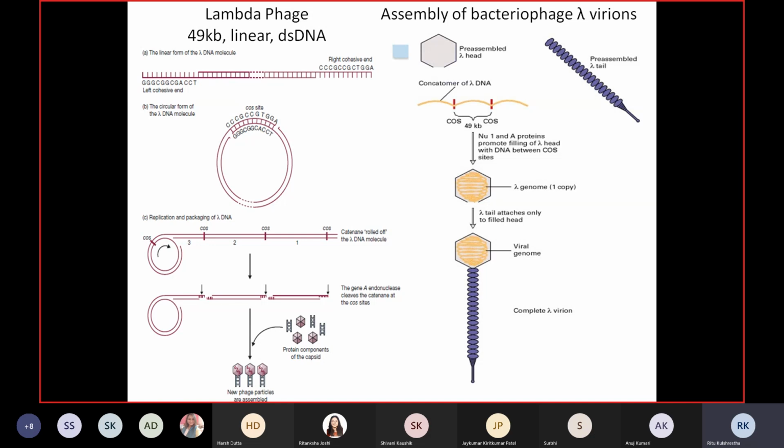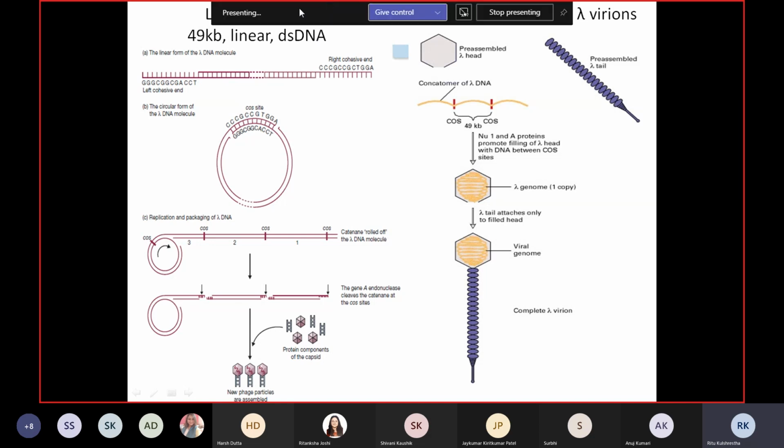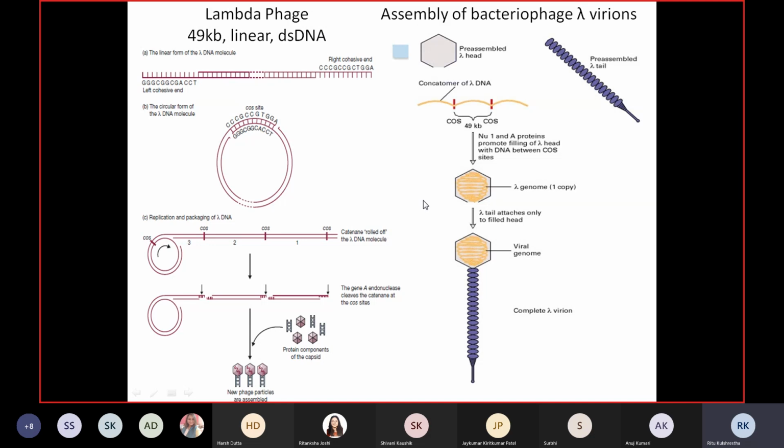For smaller size DNA, plasmids are good enough and they are very easy to work with. But if we want to incorporate larger DNA fragments, then we prefer lambda phage. And these phage cloning vectors have the capacity of around 20 kb, depending on which type of phage vector we are talking about.